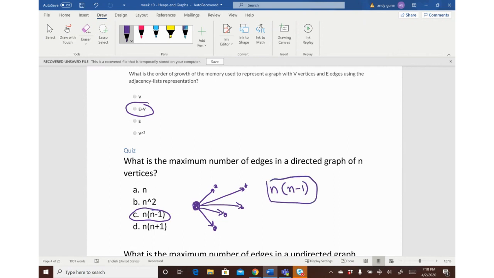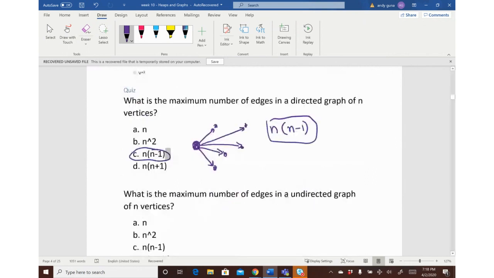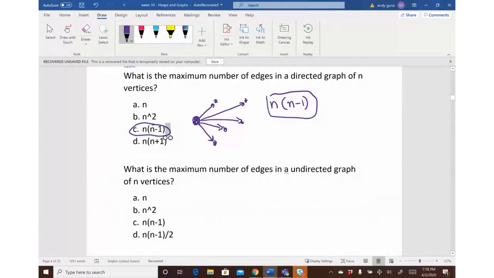Okay, so here's another problem. Suppose in this case the graph became undirected. Now what's the answer? I will give you the answer because let's not spend too much time on it. If it's an undirected graph, then I will not be able to count two things for each node.